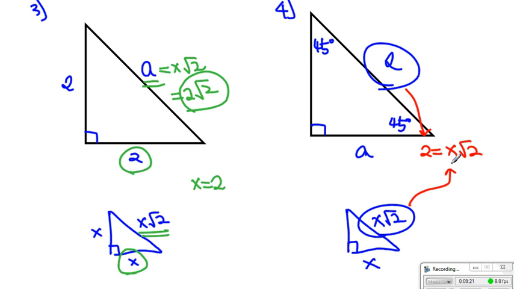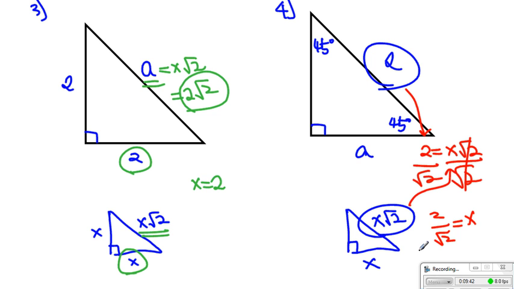Then what is the value of x? Yes, all we have to do is simply divide by square root of 2. And you will realize that x must be 2 over square root of 2. But if you have to rationalize the denominator, we have to get rid of the square root of 2 on the bottom. How do you do it? That's right.